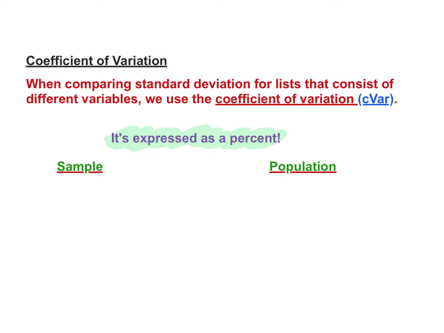There is a sample form for this formula and a population. The idea is the same. The notation is different because, as we've talked about, the standard deviation notation for sample is different from population, as is the mean. The coefficient of variation for a sample is the standard deviation over x bar, which is the mean.